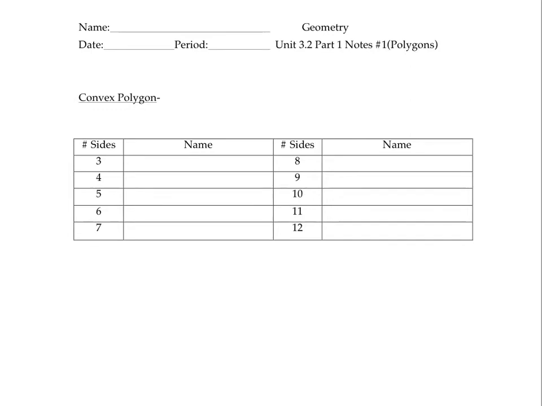A convex polygon is defined as a plane figure, and it is formed by coplanar segments.